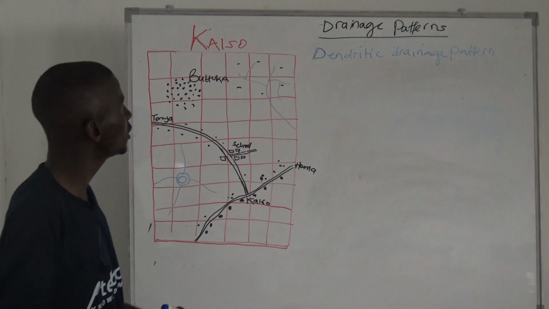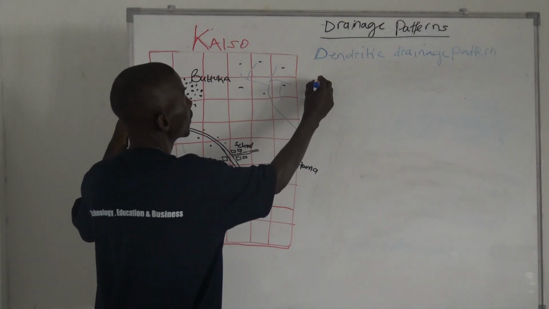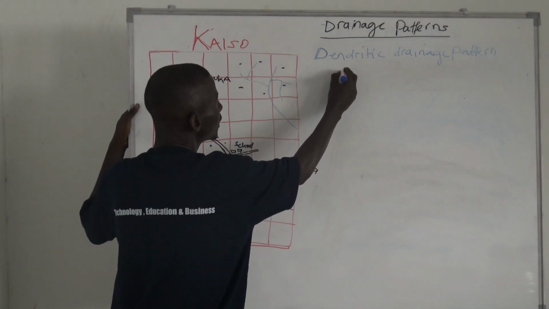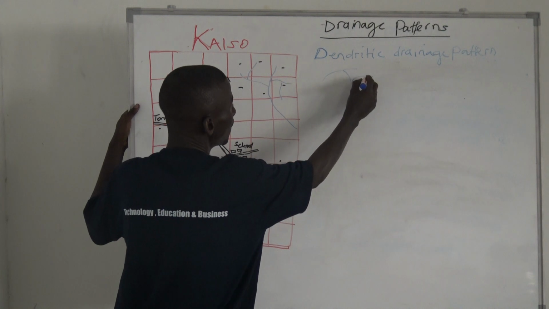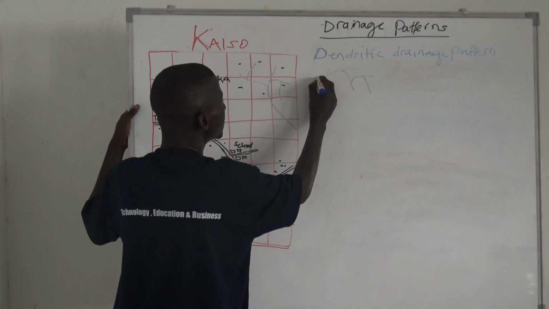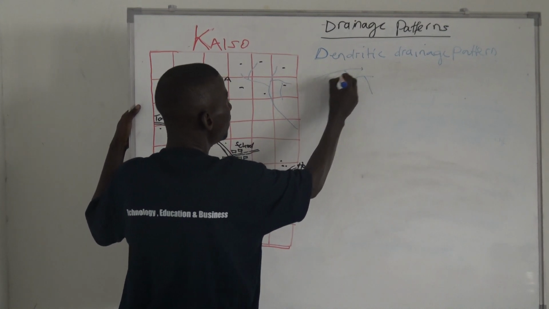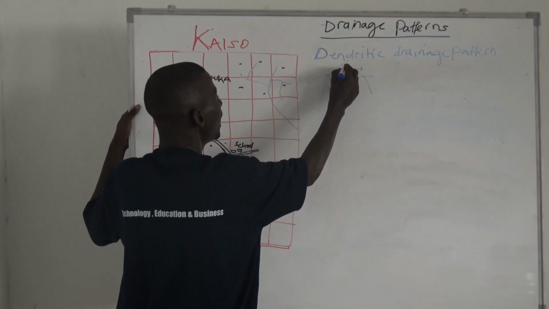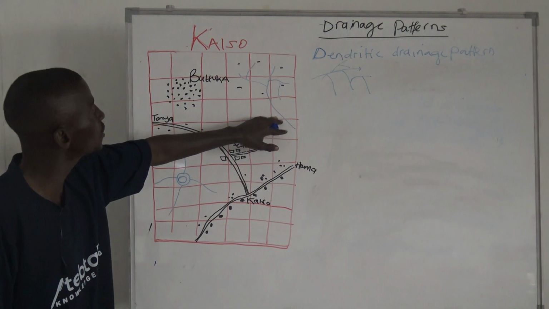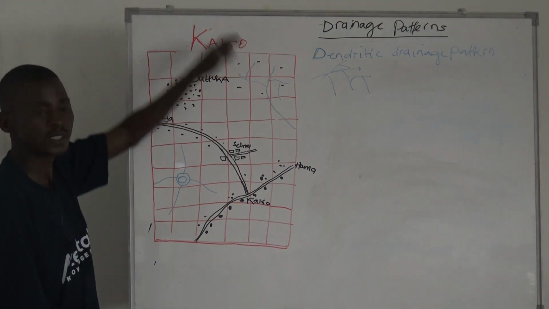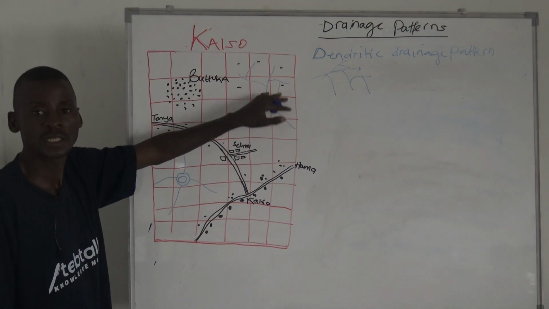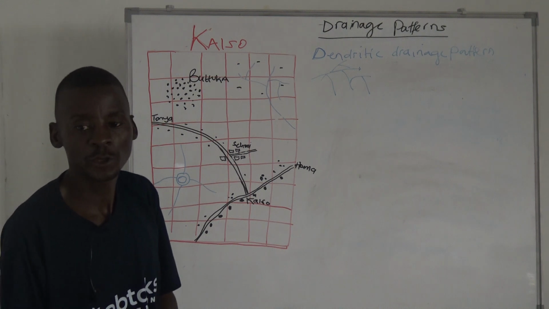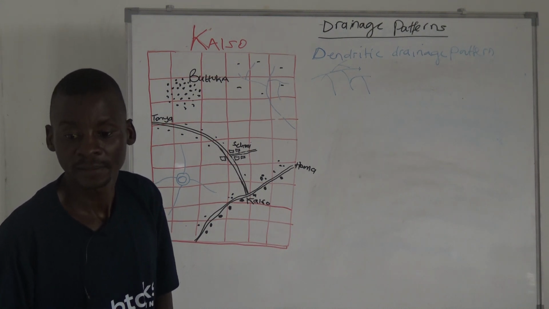In the dendritic drainage pattern, the river subdivides into numerous branches. The main stream is joined by many other tributaries. As we are seeing here, this one is displaying a dendritic drainage pattern.